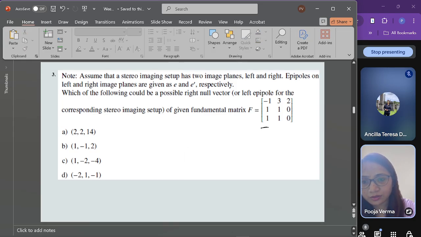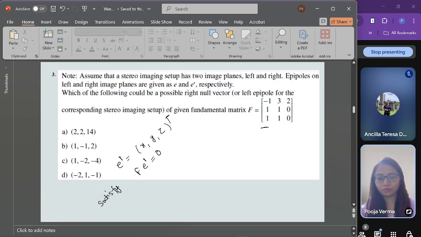So first we need to see the non-zero homogeneous vector, which we already know is represented by E dash, in the form of X, Y and Z transpose, and that should satisfy F E dash equal to 0.